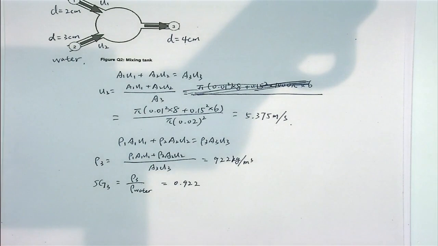Okay, we just assume the whole flow is incompressible, and use the continuity equation, the conservation law for the volume, to get the velocity at pipe 3, and then use the mass flow conservation to get the density.